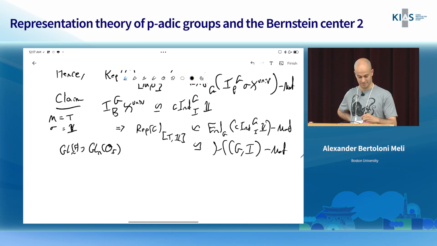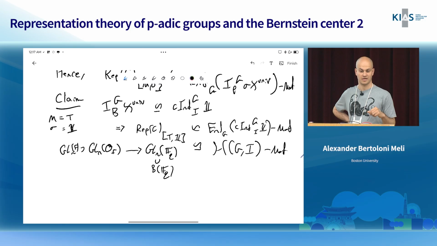So in this case, there's a reduction map, and then you can just take the preimage of the Borel in the reduction, and that will give you some Iwahori.